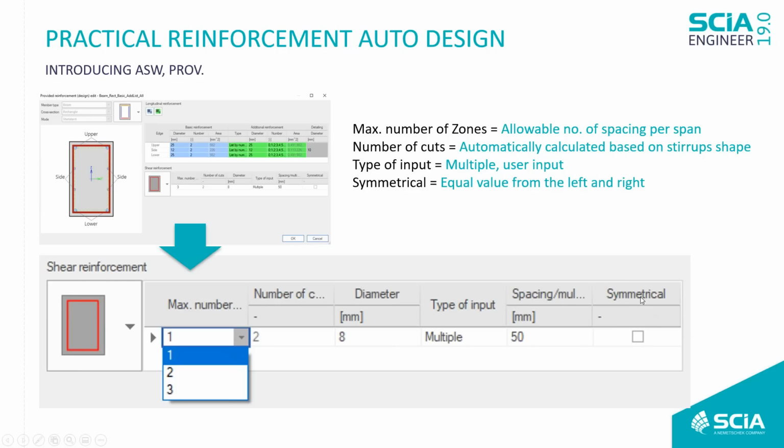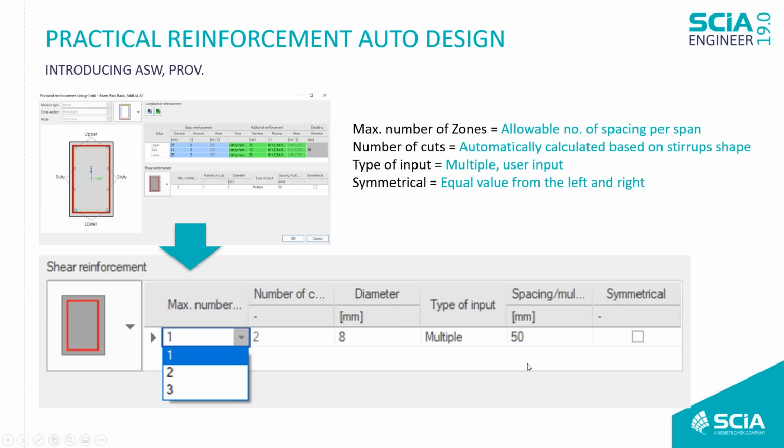Next option, symmetrical. Why are we giving a symmetrical option? Maybe for us as designers, we don't care where is the left of the beam and where is the right of the beam. But imagine the laborers at site, where the left and the right is quite important for them because the reinforcement is not symmetrical.